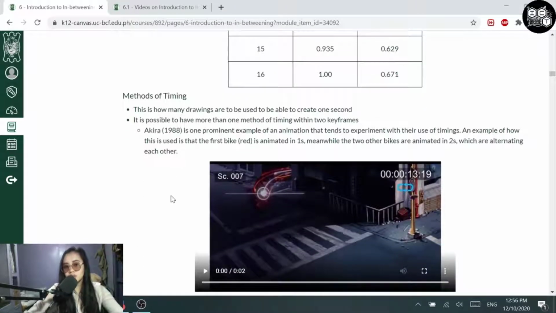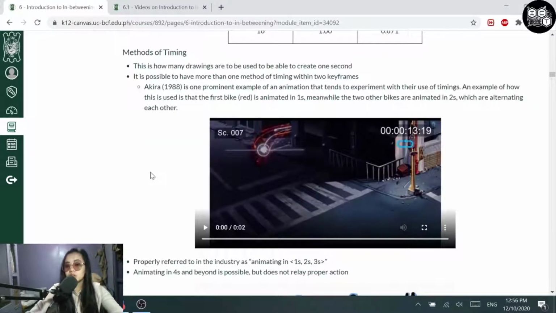The methods of timing is how many drawings you'll be using to create 1 second. As an animator, this is something we have to care about because this will dictate the fluidity of your action. It's also possible for you to have one method of timing within 2 keyframes. An example of this is a movie called Akira, one of the prominent examples of Japanese animation.